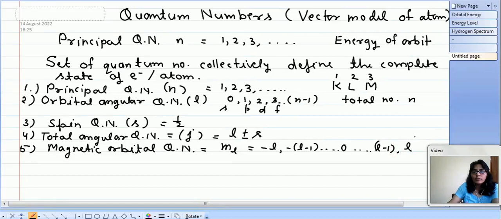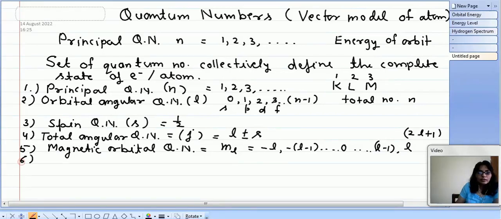And these total values are 2l plus 1. So if l is equal to 3, then ml can take values minus 3, minus 2, minus 1, 0, 1, 2, 3. And the total number will be 2 into 3 plus 1, means 2 threes are 6 plus 1, 7. So this is the case.